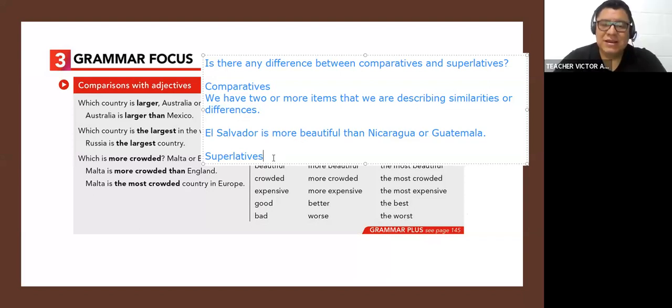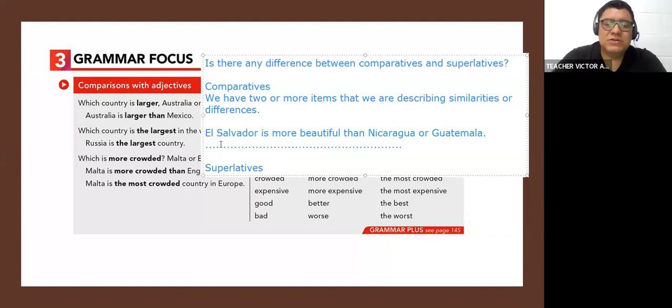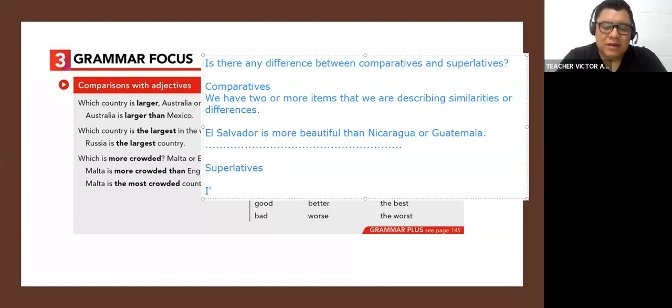It's a difference. Now, on the other hand, when we talk about superlatives, and I will do something like this to have this clear. Superlatives, we are describing that the item is the top of the characteristic.